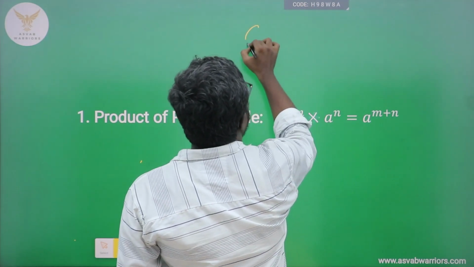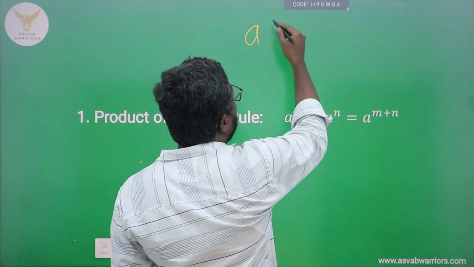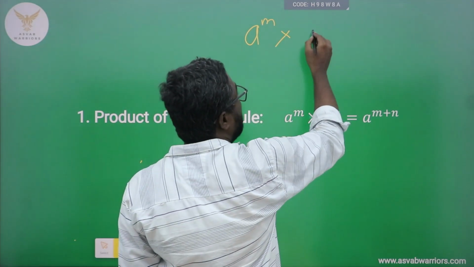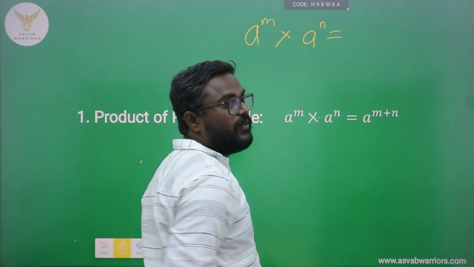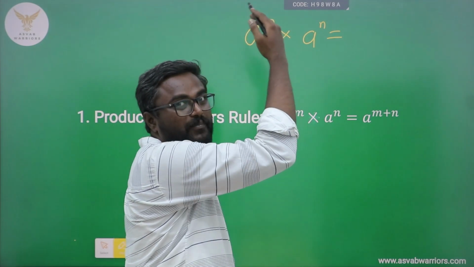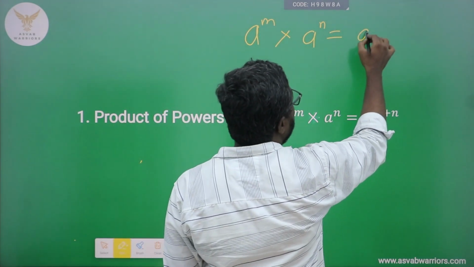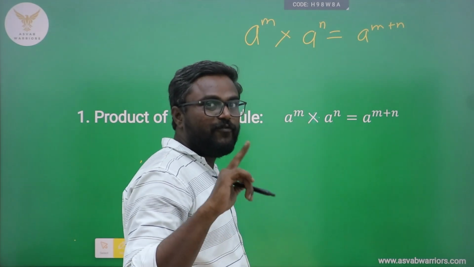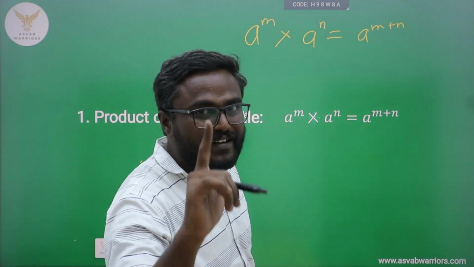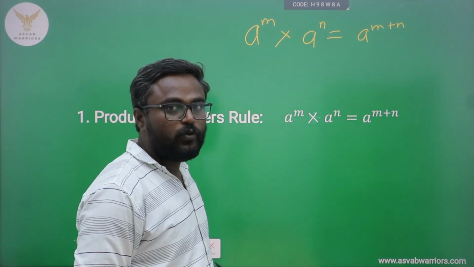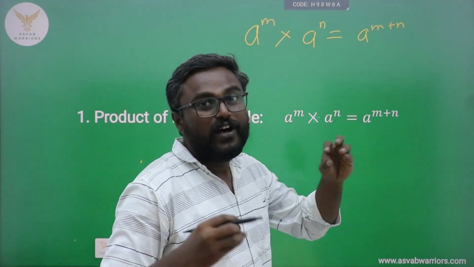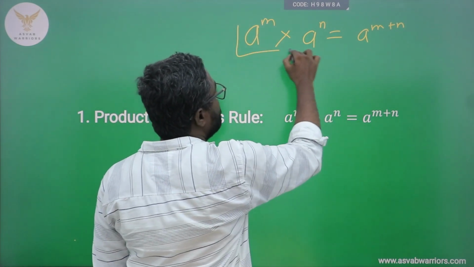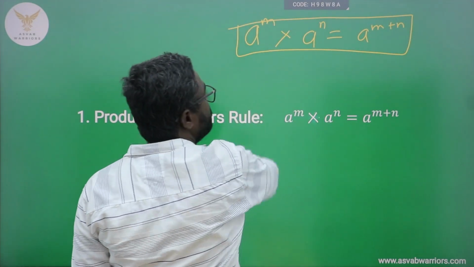Let's say A is the base: A to the power m times A to the power n is equal to A to the power m plus n. This is the first rule you need to understand. I'll explain how this rule was derived; till then, you can note it down in the corner of your notebook.